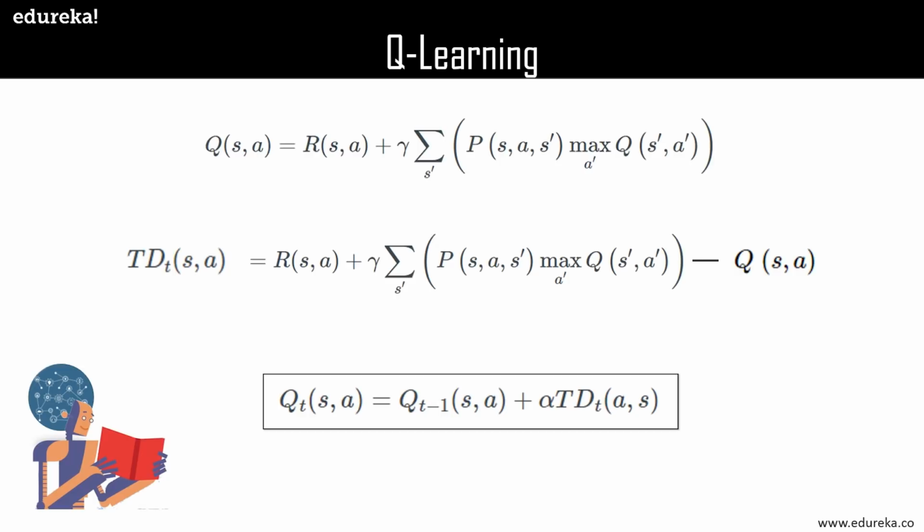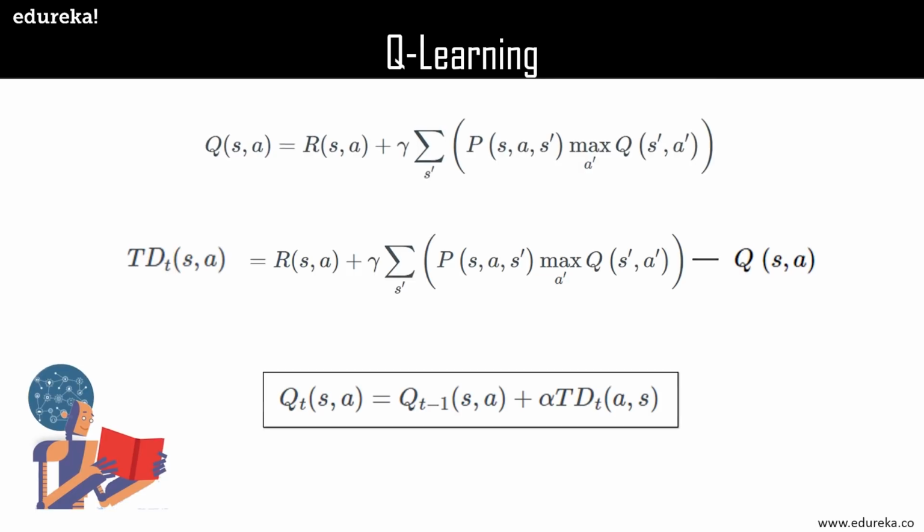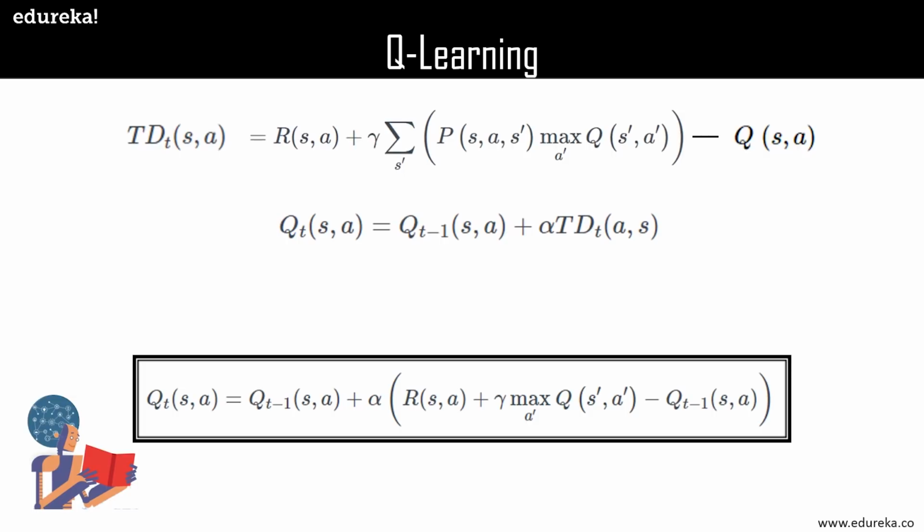Qt(S, A) is the current state Q value and Qt minus 1 (S, A) is the previously recorded Q value. So if we replace the TD(S, A) with its full form equation, we should get Qt of S, A is equal to Qt minus 1 of S, A plus alpha into R of S, A plus gamma maximum of Q(S', A') minus Qt minus 1 (S, A).